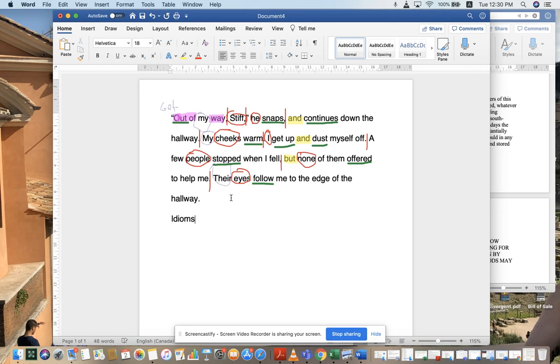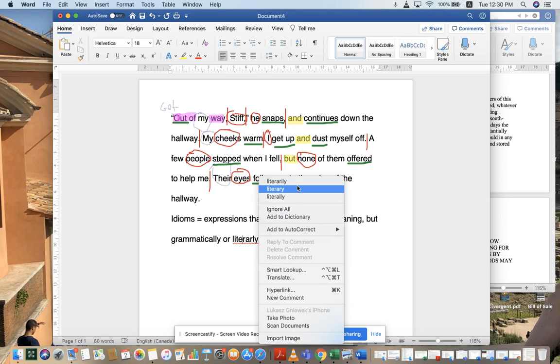Idioms are expressions that have an accepted meaning, but grammatically or literally incorrect.